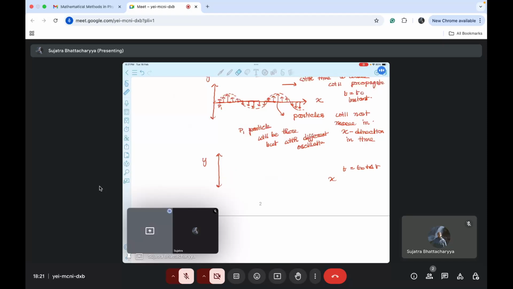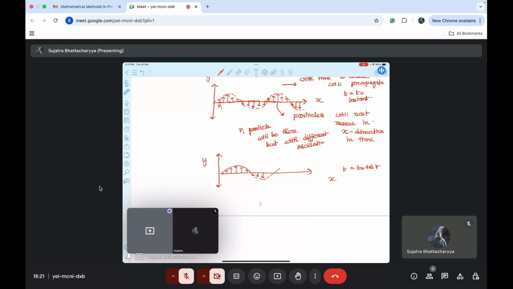Let me clear it and make it again so that it will be clear. This is your x. Suppose here you have no displacement, here some small displacement, here this will be like this. This has now gone up, down. So you can see that this is how things will be propagating.